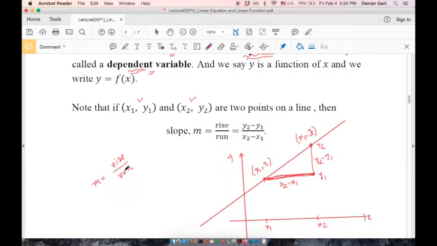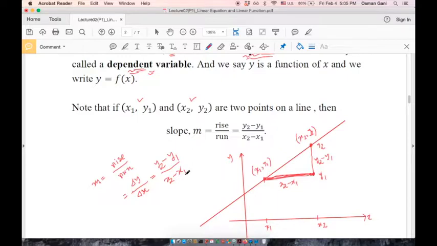So the change in y is the rise, which is also denoted by delta y, and the change in x is the run, which is also denoted by delta x, and delta y means change in y coordinates, y2 minus y1, divided by x2 minus x1.